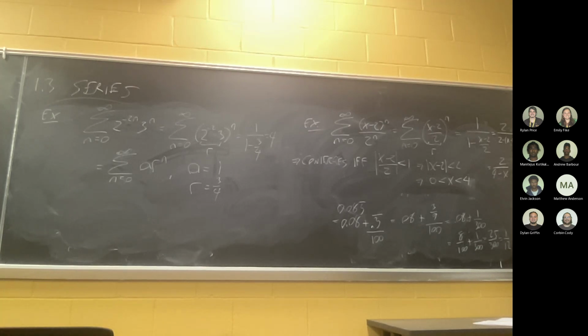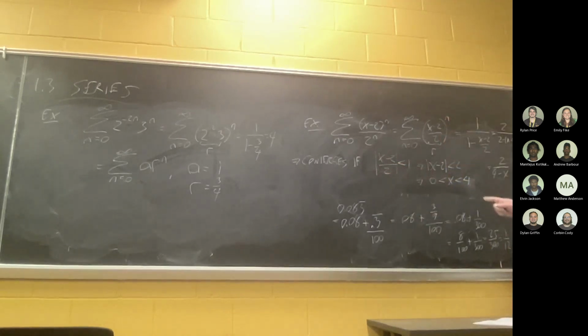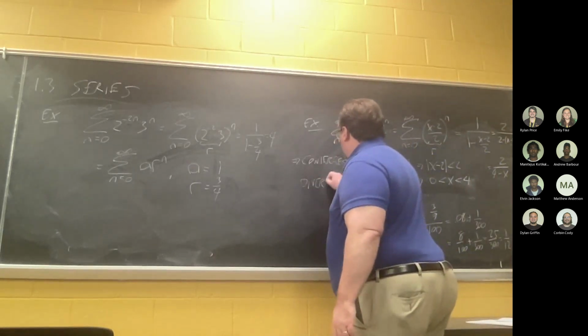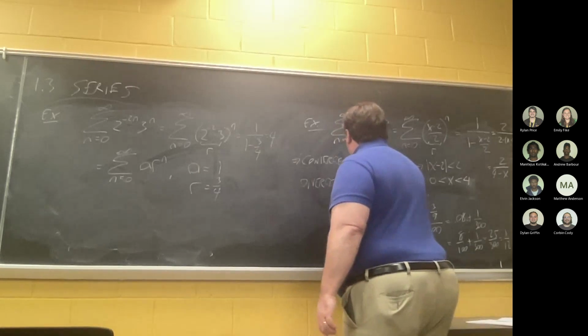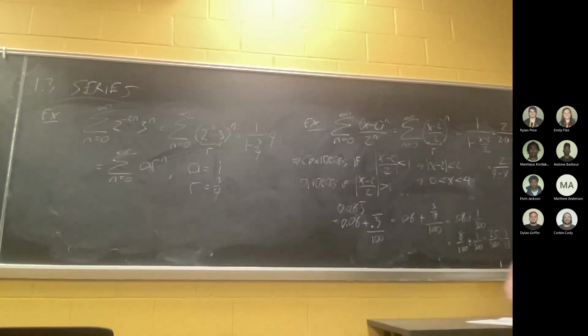I was interested about this example. X has to be between 0 and 4. Well, okay. Sometimes we have to be more careful about this. I have to change this if and only if to an if. If this is true, the series definitely will converge. Now, it definitely diverges if the absolute value of x minus 2 all over 2 is strictly greater than 1.